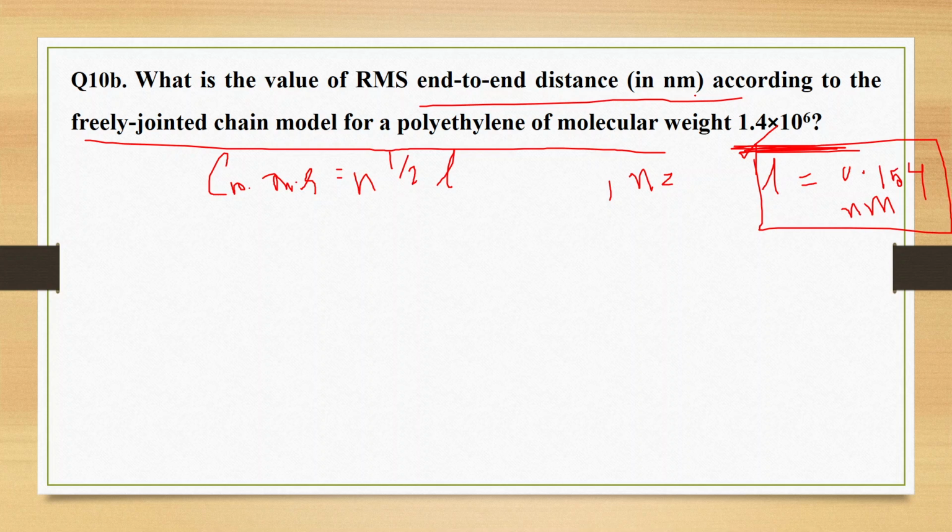n is the number of bonds. If you take ethylene, then the number of bonds is not the same. As simple as that.